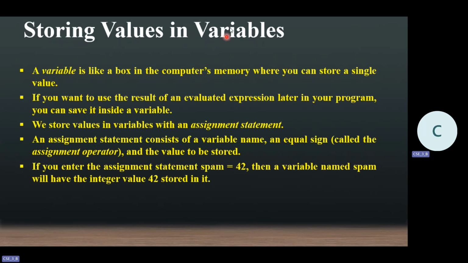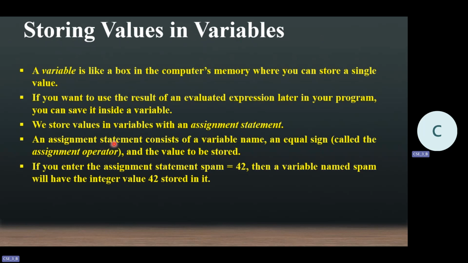Next is storing values in variables. What is a variable? A variable is like a box in the computer memory where you can store a single value. If you want to use the result of an evaluated expression later in your program, you can save it inside a variable. So we store values in variables with an assignment statement.